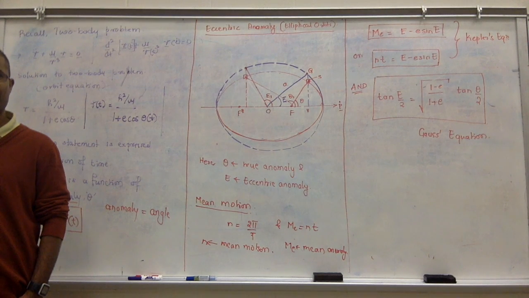So the mean anomaly is equal to the eccentric anomaly minus the magnitude of the angle. Eccentricity is like the magnitude of the orbit, correct? Eccentricity is the shape of the orbit. Yeah, the shape. Just the shape.